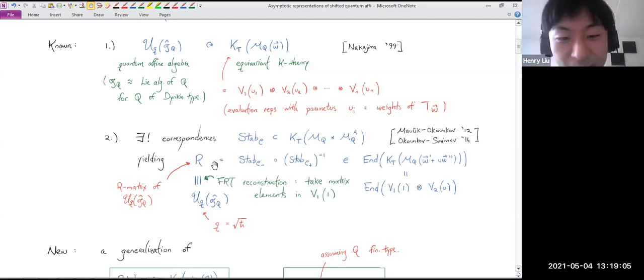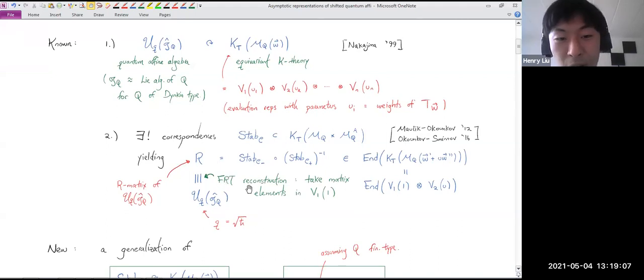Anyways, so roughly speaking, how this FRT reconstruction goes is as follows. So you compute this quantity in terms of stable envelopes. And this quantity will be an operator which will act on the K-theory of a certain Nakajima quiver variety.